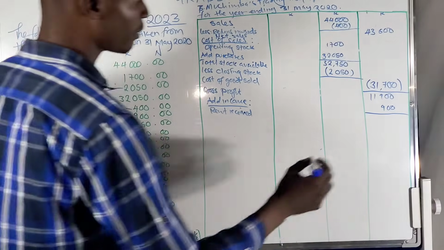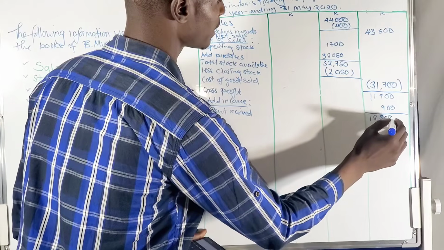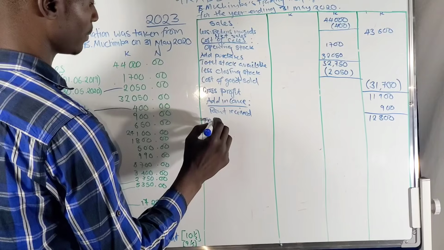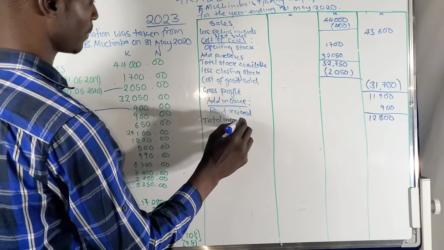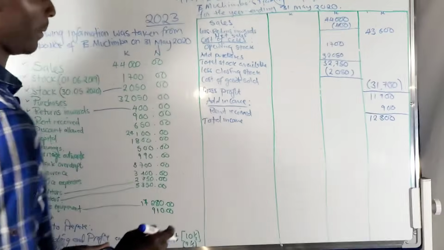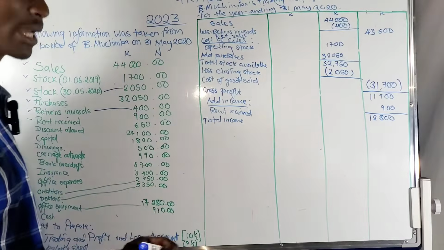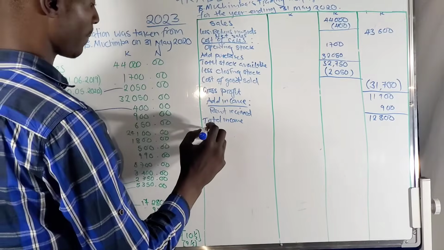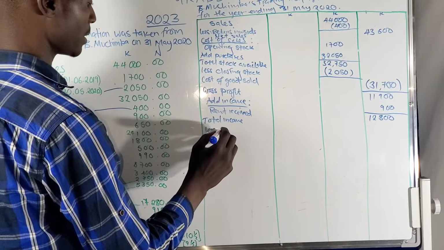We're going to have 12,800. That one is total income. Now, to the total income there, we subtract the expenses. So we're going to the loss account. So we're going to say less expenses.